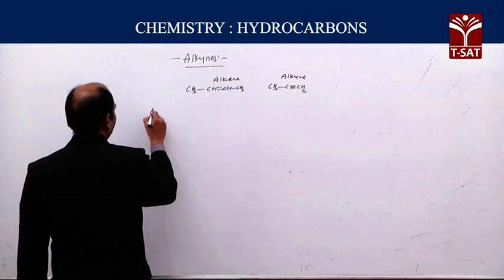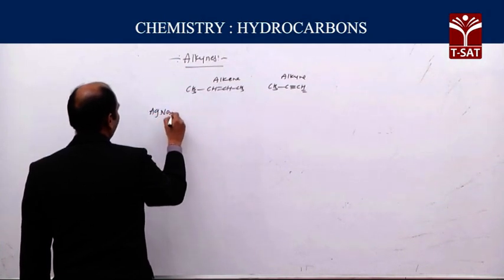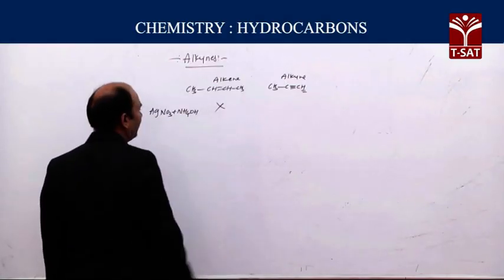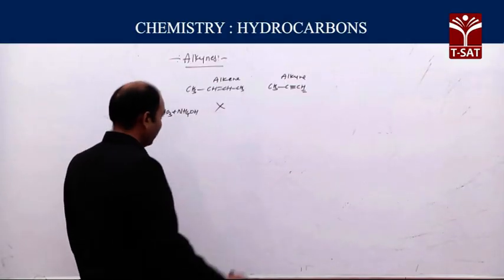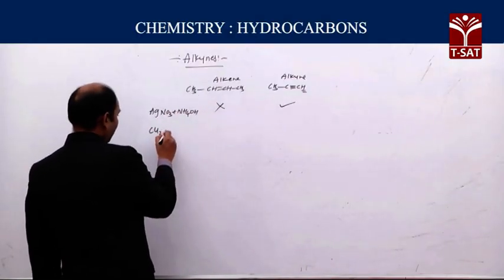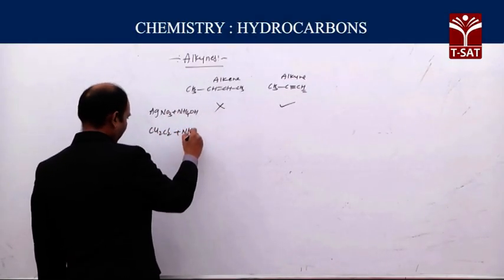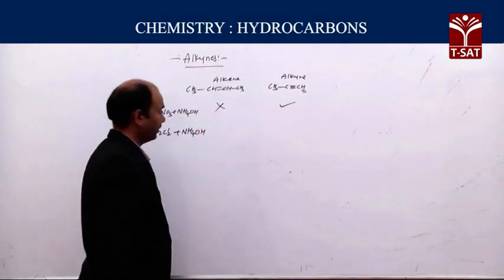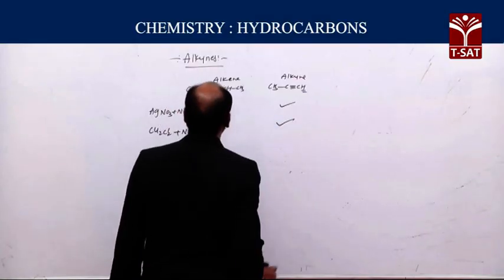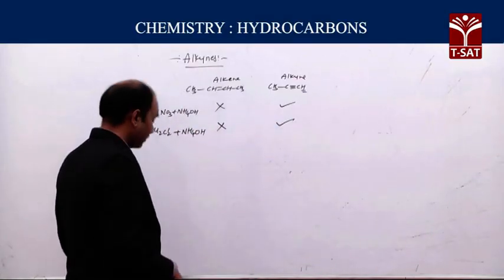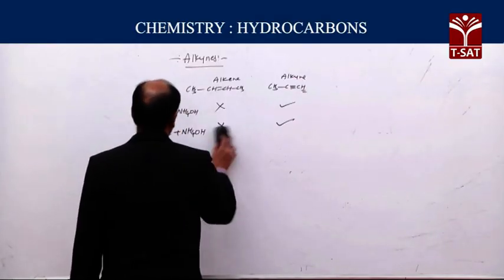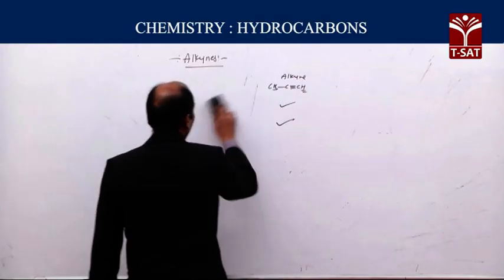If treated with AgNO3 plus NH4OH, the alkene does not give any white precipitate, whereas the alkyne gives a white precipitate. Similarly, with Cu2Cl2 plus NH4OH, the alkene does not give a red precipitate, whereas the alkyne does.